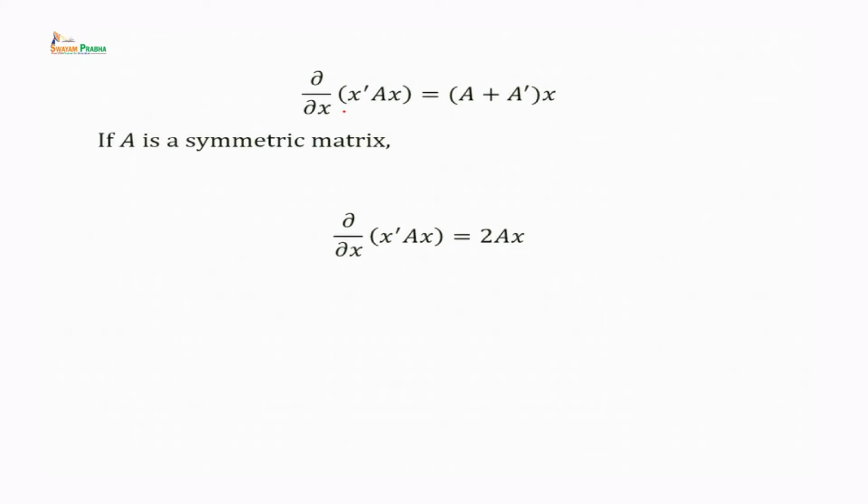Suppose you have this quadratic form x transpose A x, and you differentiate it with respect to x. Then you obtain (A plus A transpose) x, and if A is a symmetric matrix, symmetric matrix means A transpose is equal to A. Then we say that the matrix A is symmetric, meaning the ijth element of A is equal to A j i for all i and j.